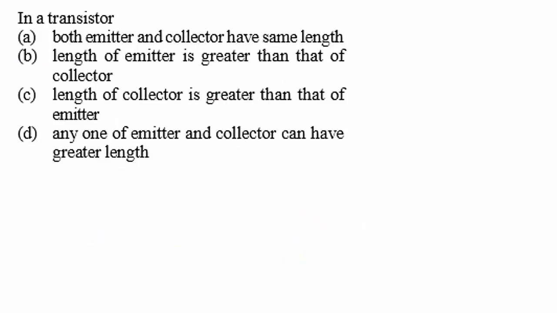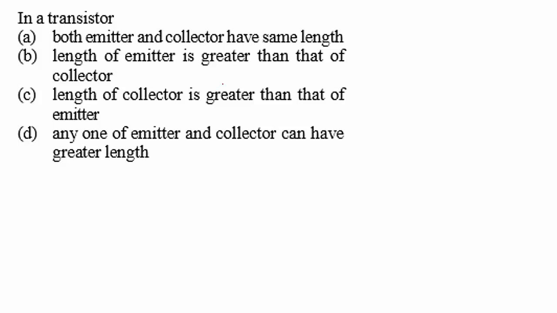In a transistor, options are given. Both emitter and collector have the same length. Second one, length of emitter is greater than that of collector. Third one, length of collector is greater than that of emitter. And fourth one, any one of emitter and collector can have greater length.